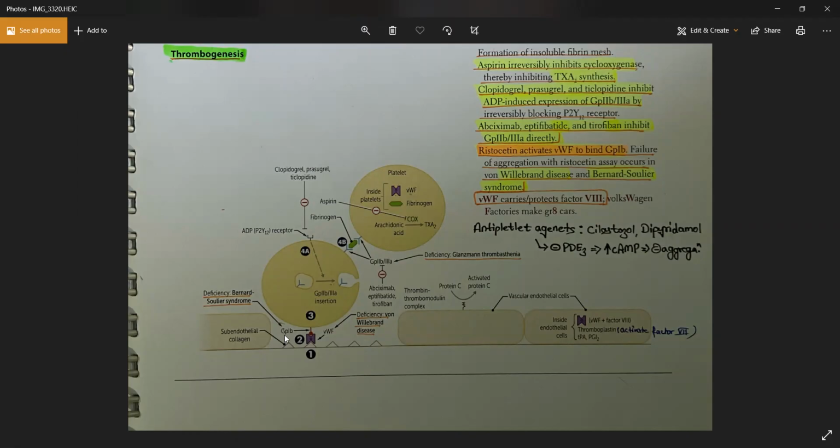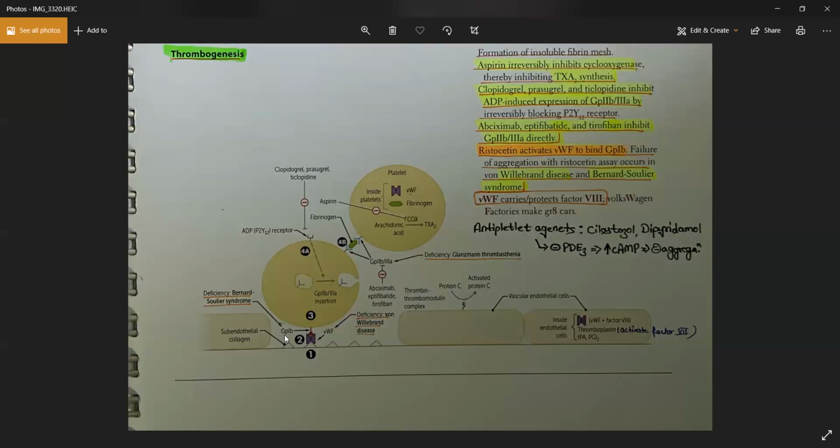So how can you differentiate between Bernard-Soulier syndrome and von Willebrand deficiency? We can give plasma and see. Yes, exactly.